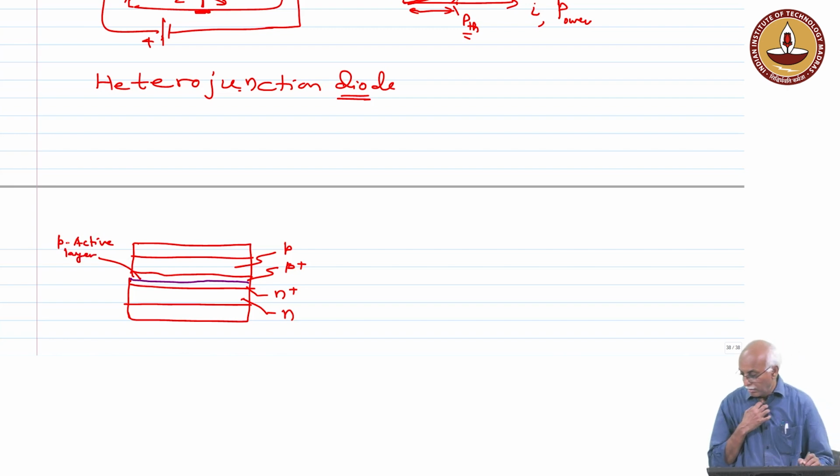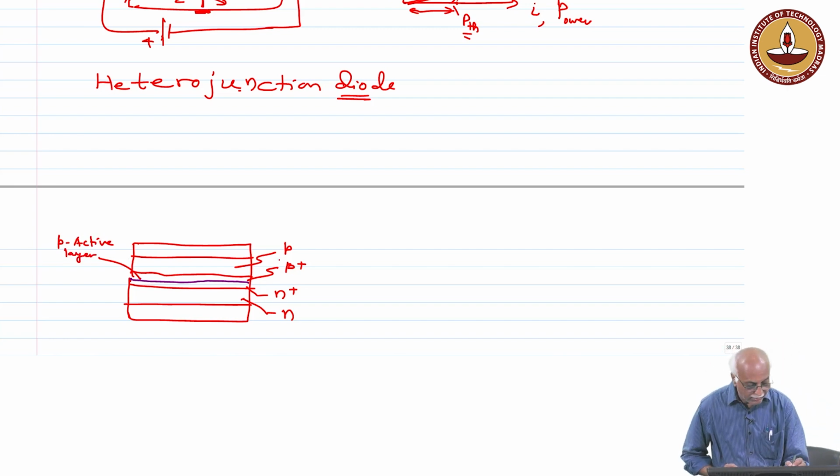Now, the material combination. Let us say this is gallium arsenide, p type gallium arsenide. Let us say this is p, heavily doped aluminum gallium arsenide.